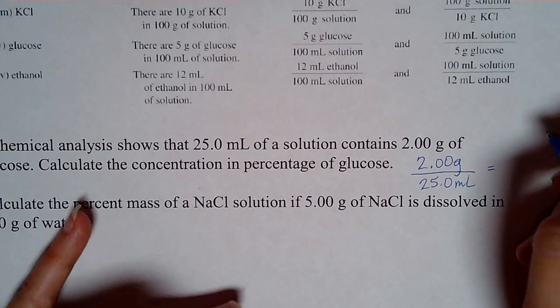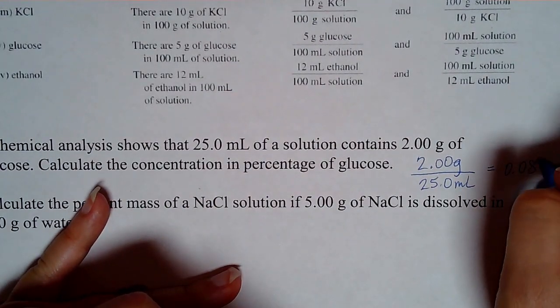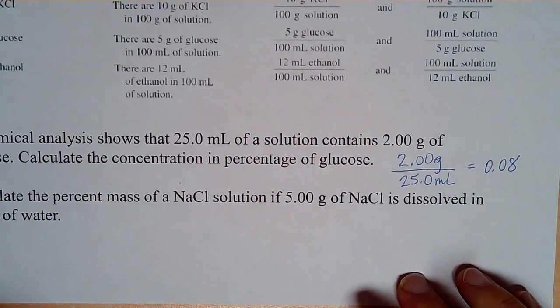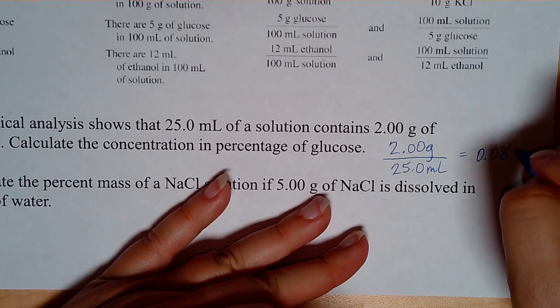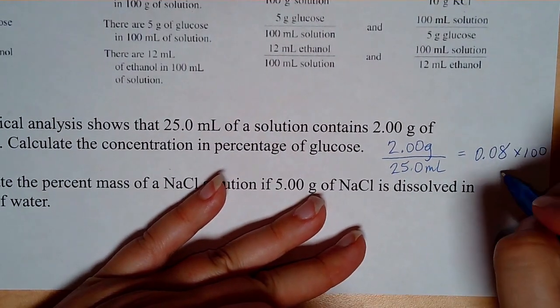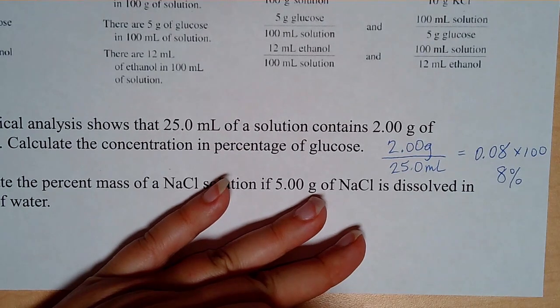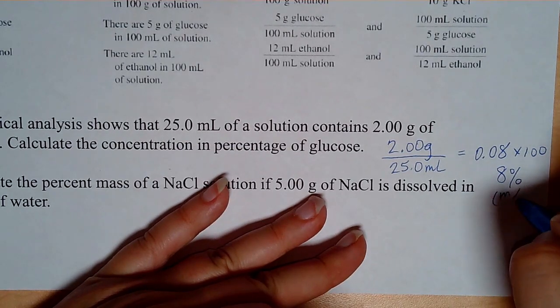Alright, so that's 0.08 for our ratio. If we then want to turn that into a percentage, we multiply by 100, and that would give us 8%, and this would be a mass to volume ratio.